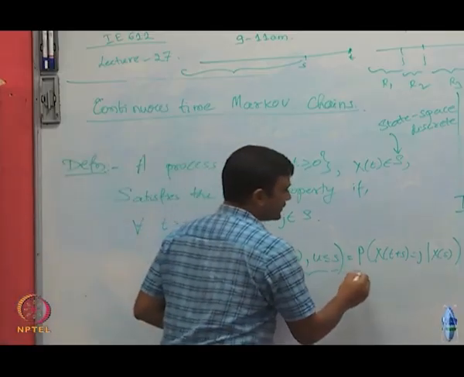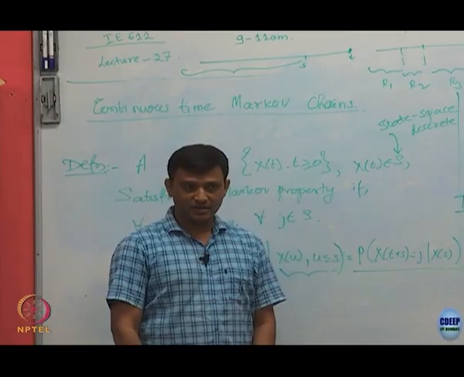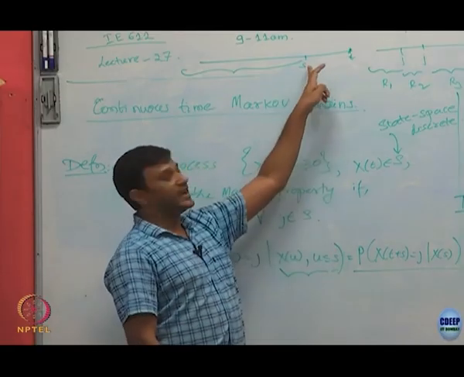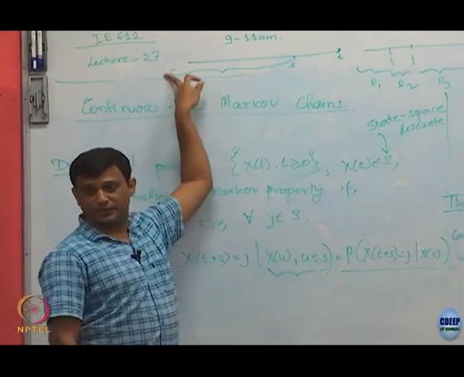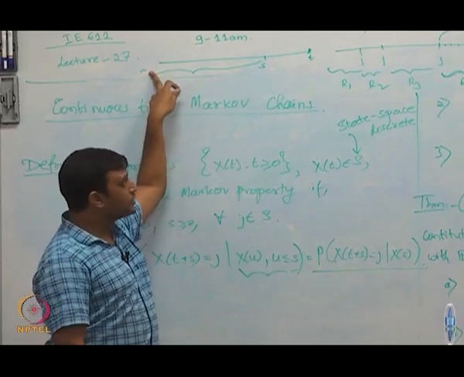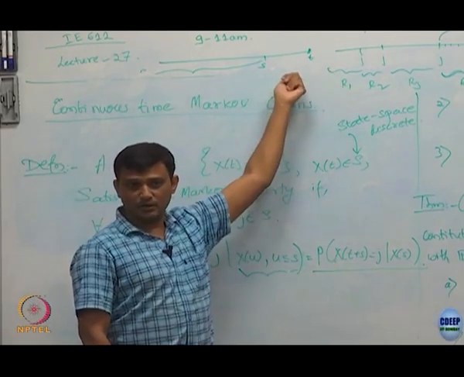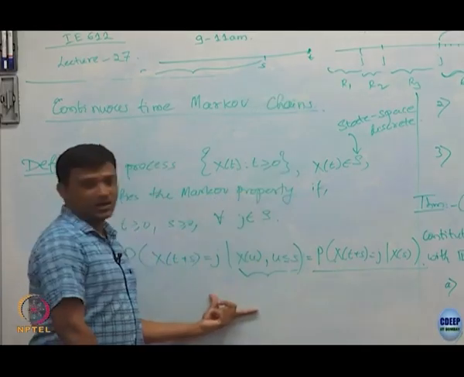This probability only depends on the value your process has taken at time s. I really didn't care about all this before time s. Only if you are going to look at something beyond s, I only need to know what has happened at time s. And this is what this is telling.